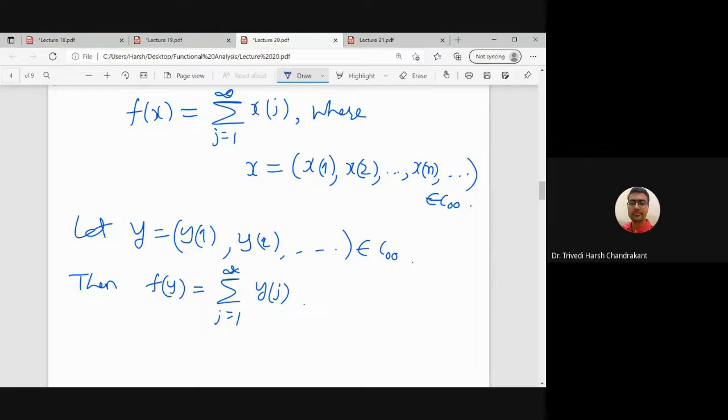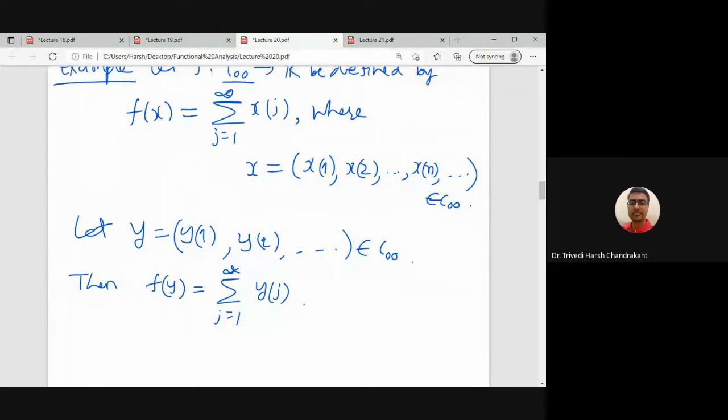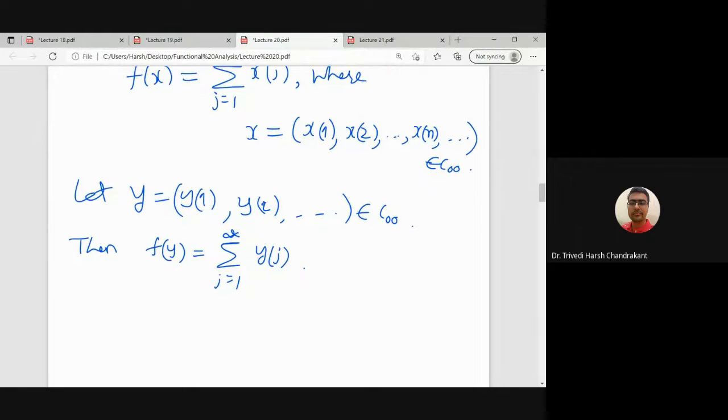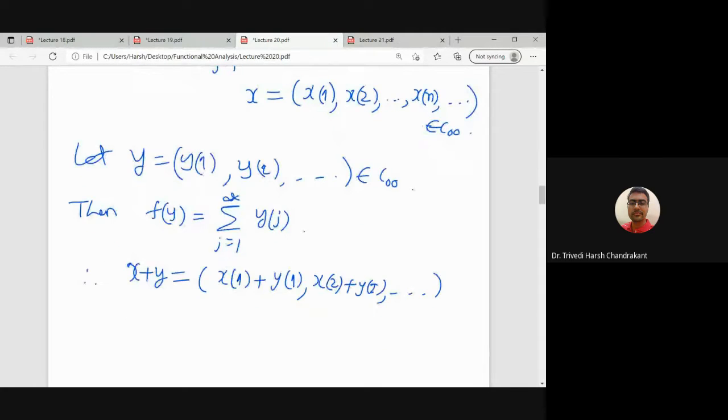Again, not all coordinates are zero, only finitely many are non-zero. So what is x plus y? x plus y is the coordinate-wise addition: x1 plus y1, x2 plus y2, and so on. And therefore, what will be f of x plus y?